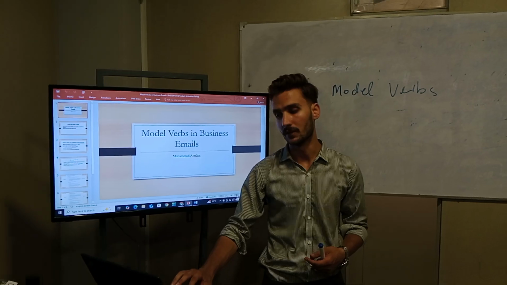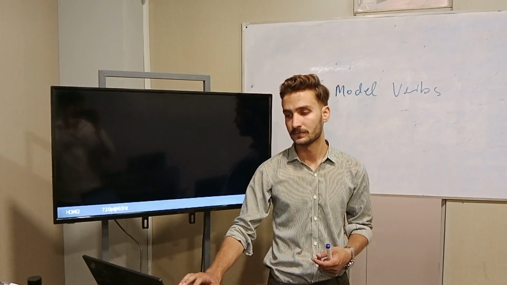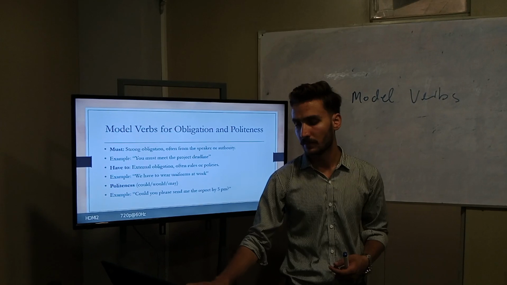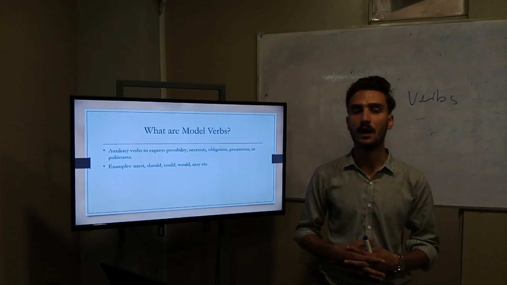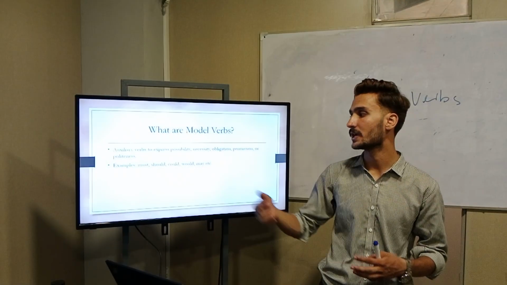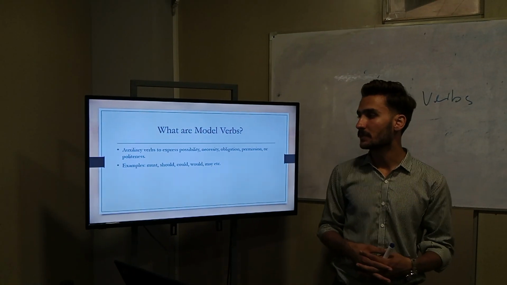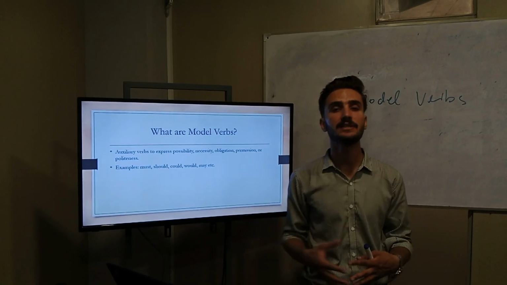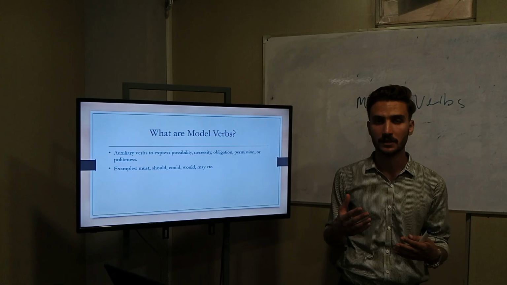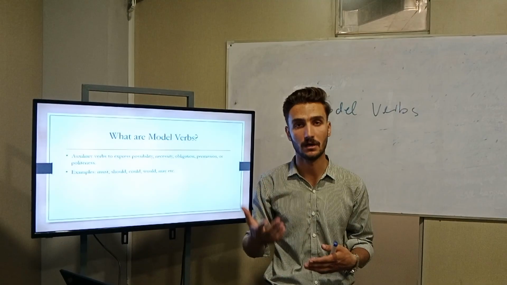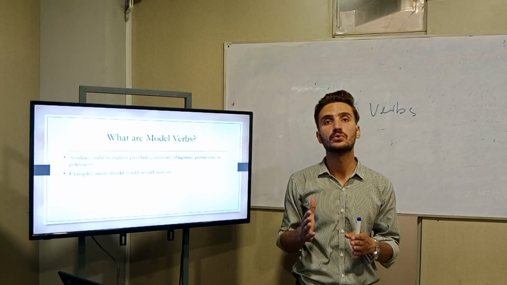What are modal verbs? Modal verbs are basically auxiliary verbs to express possibility, necessity, obligation, permission, or politeness. So basically, when we use modal verbs, we have some function or pragmatic force in our mind which we intend to convey.